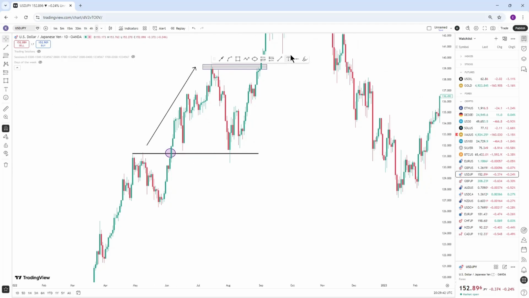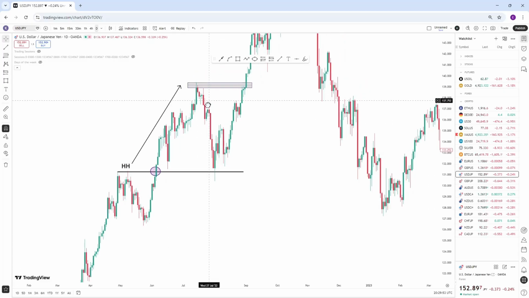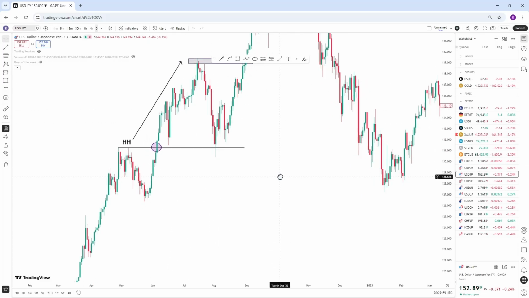You can see we broke this high, so we broke above here. What do you expect in the market? Just to make another higher high, since it's coming from this higher low. What happens after a higher low?